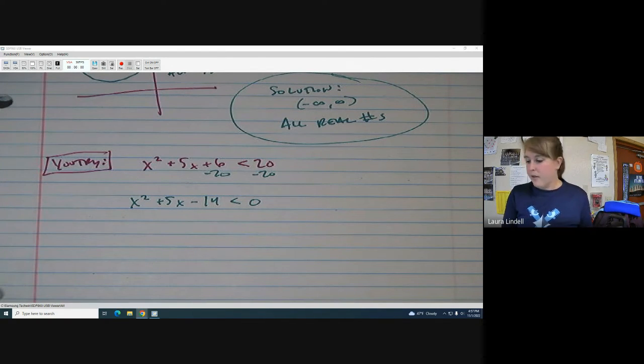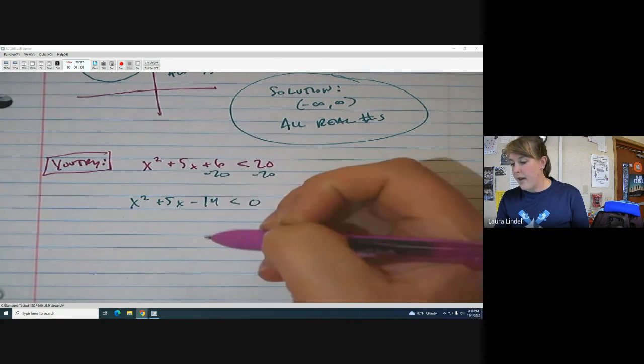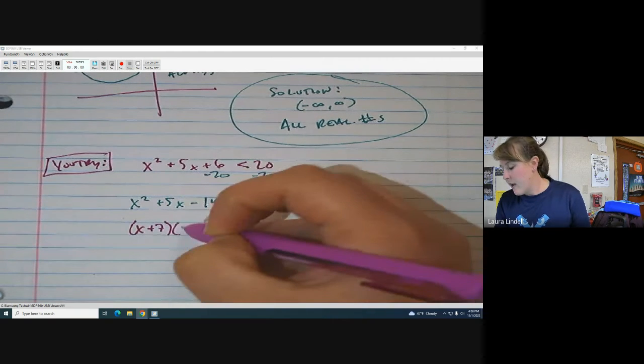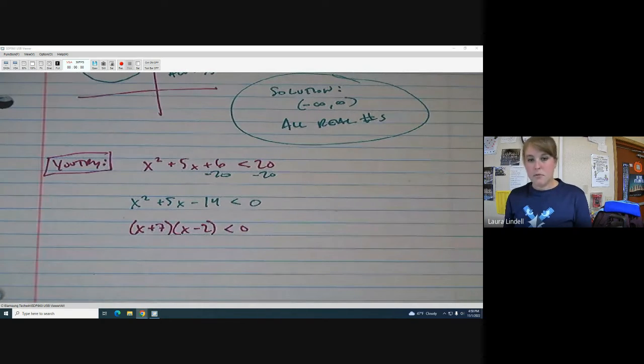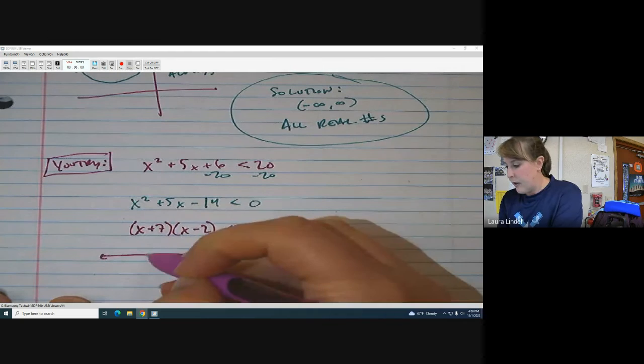Okay, anyways, now we have to factor this thing. So factoring here, things that multiply to -14 and add to 5, we're going to get (x + 7)(x - 2). Then we make our number line, or our sign chart here.